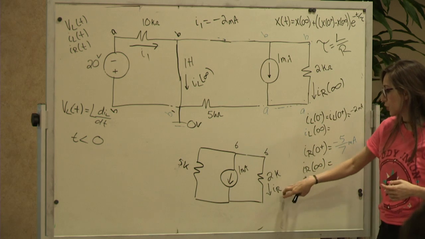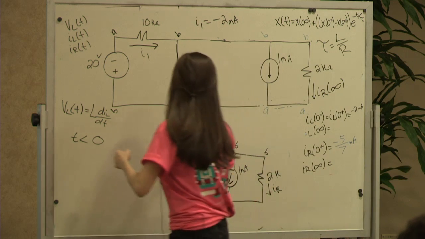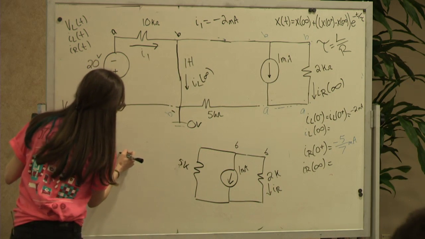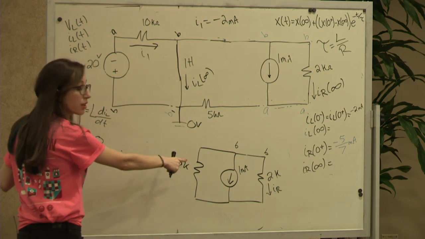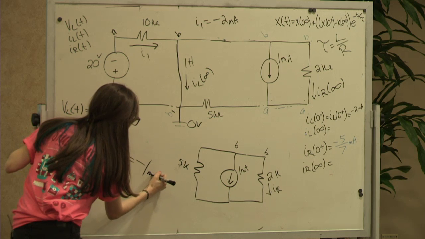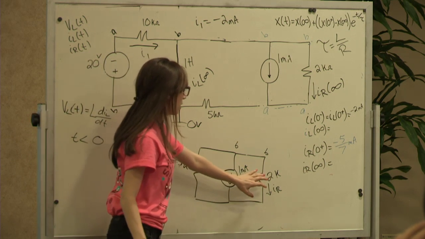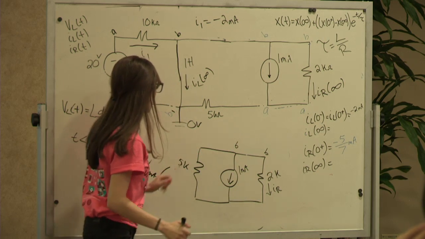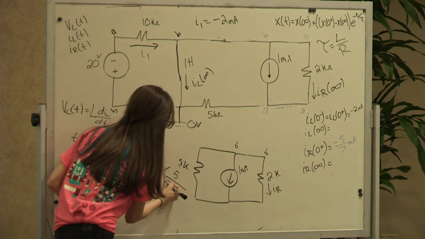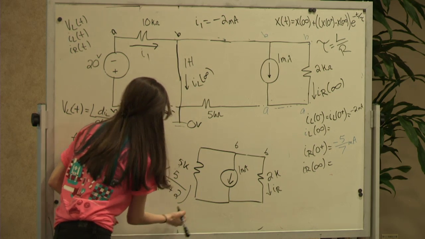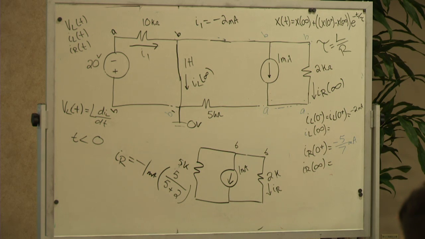So when you're doing the current division, don't forget about the negative out front. So IR equals negative the source, 1 milliamp, times, so we want this branch, so we put the opposite branch on top, and then you add them. So 5 plus 2.